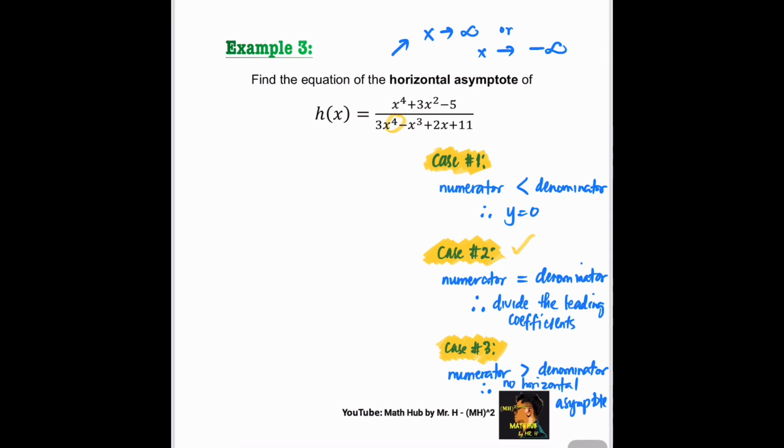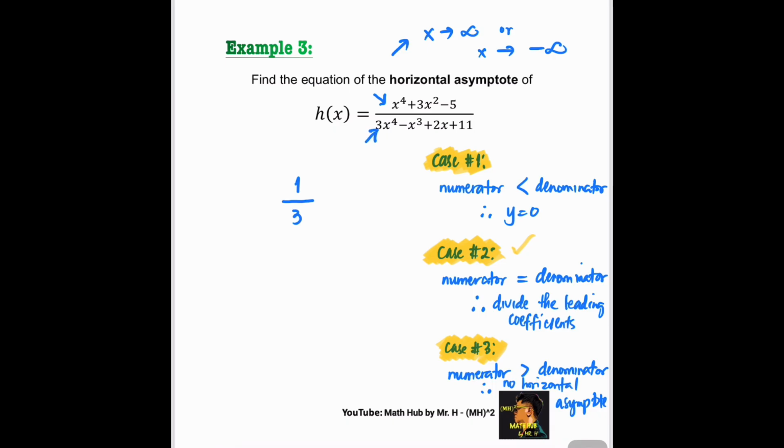This is the leading coefficient. Numerical coefficient of this term is 1. All right? So that is 1 divided by, and for the denominator, the leading coefficient is 3.